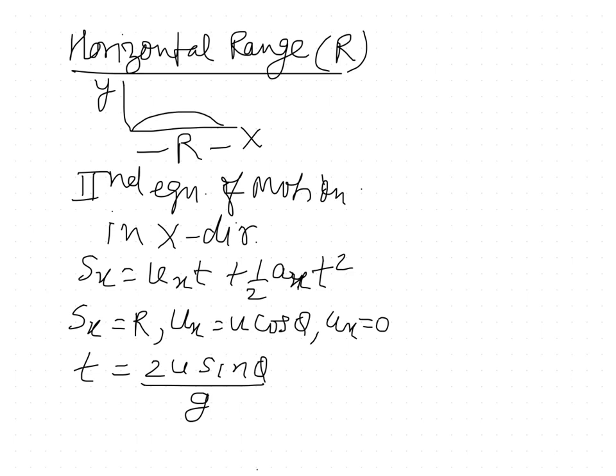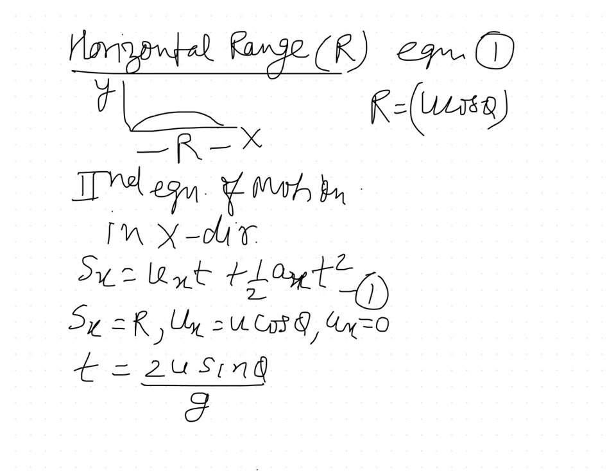So putting these values in equation 1, we can write r equal to u cos theta into t, that is equal to 2u sin theta upon g plus 0, because acceleration is 0 everywhere. So the next term becomes equal to 0.